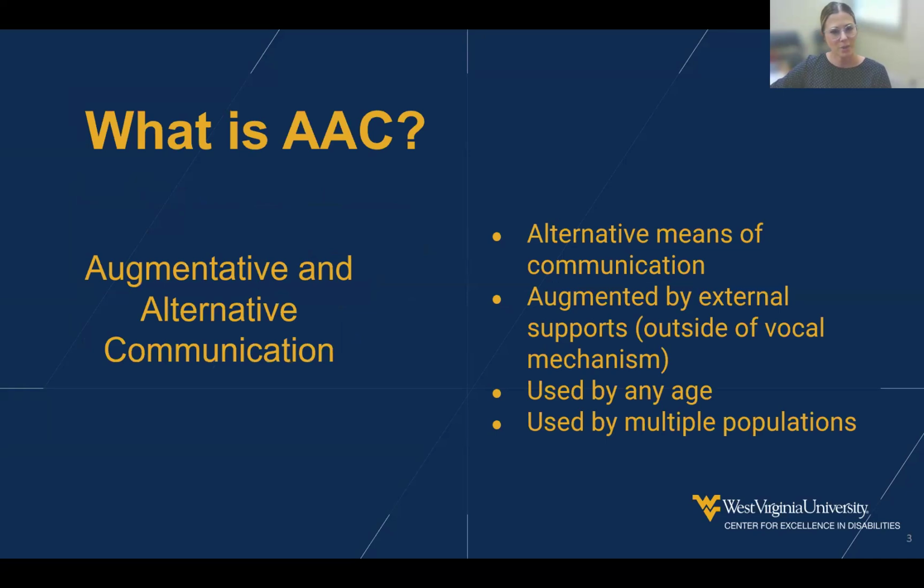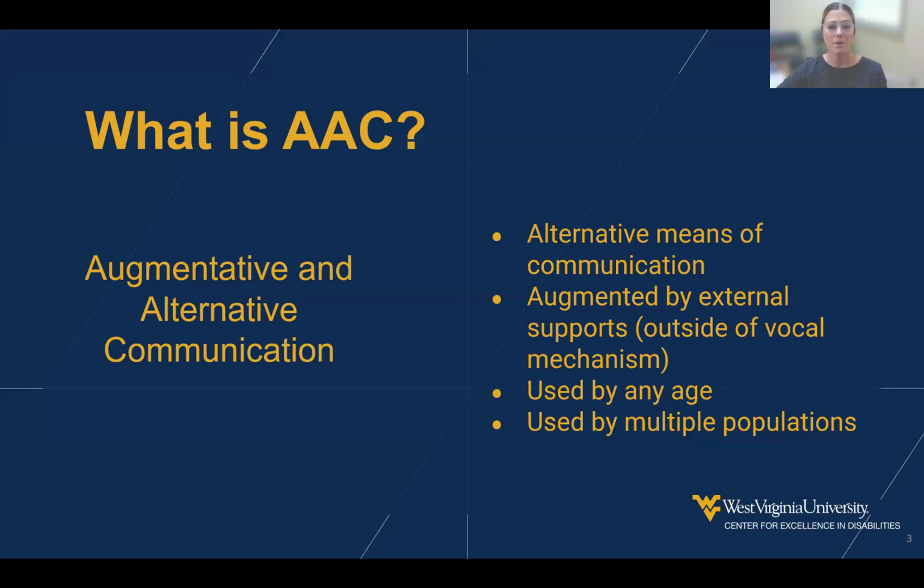All right, so first we're going to talk a little bit about what is AAC. We call it AAC because it's a lot easier to say than augmentative and alternative communication, but that is what it stands for. AAC specifically is anything other than verbal speech. The word augment means to add to, so we're adding to someone's speech. And alternative refers to anything else other than speech, so an alternative.